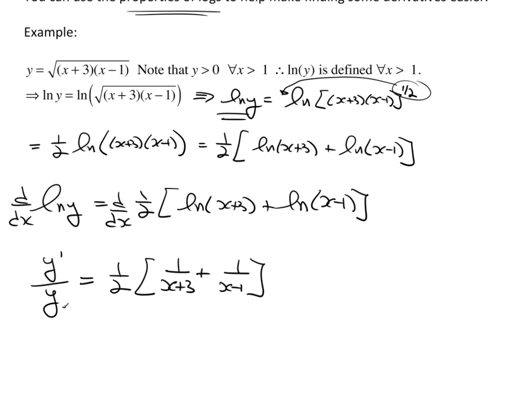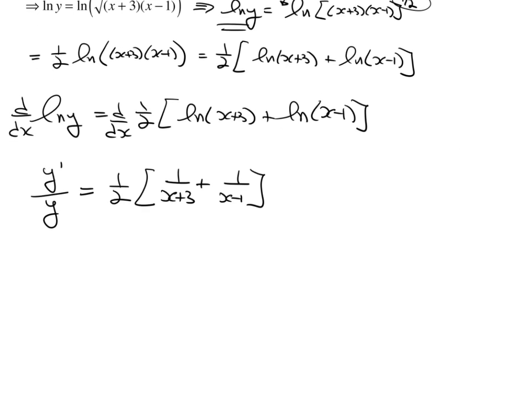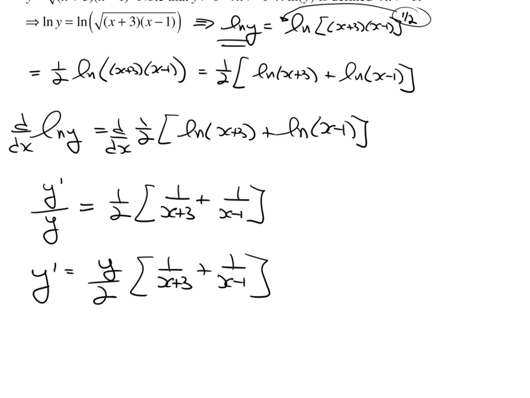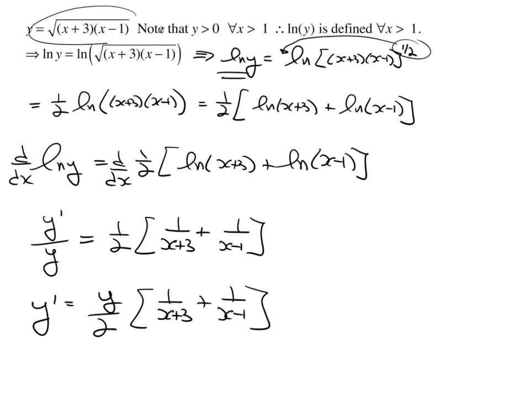So that means that y prime equals y times all of this. So y over 2, multiply both sides by y, times 1 over x plus 3 plus 1 over x minus 1. But y is our original function.